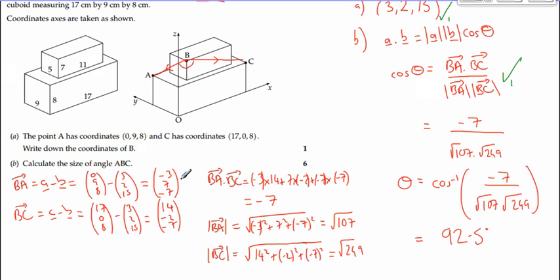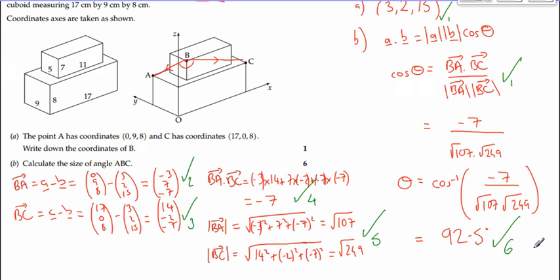A mark for each vector, a mark for the dot product, a mark for both magnitudes, and then a mark for working your way towards the angle.